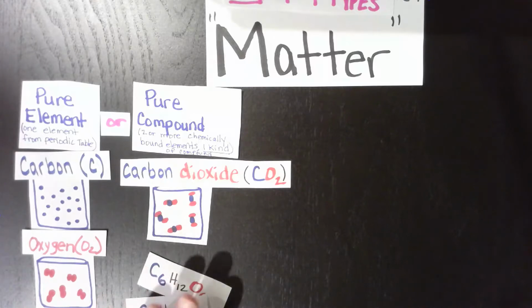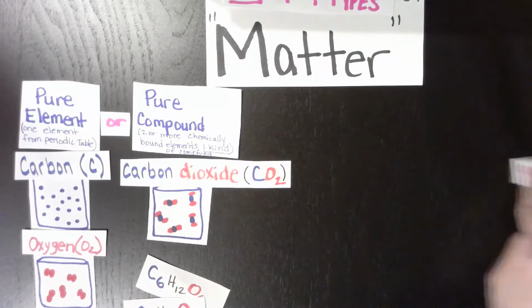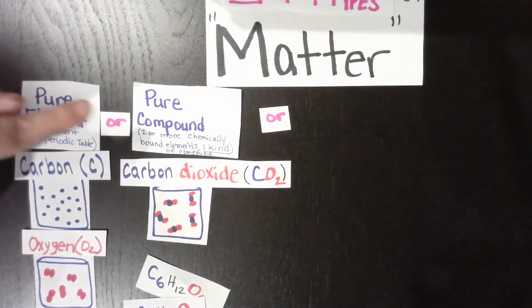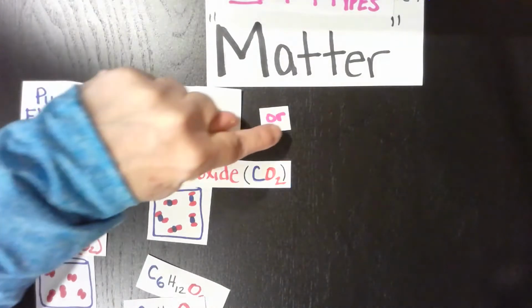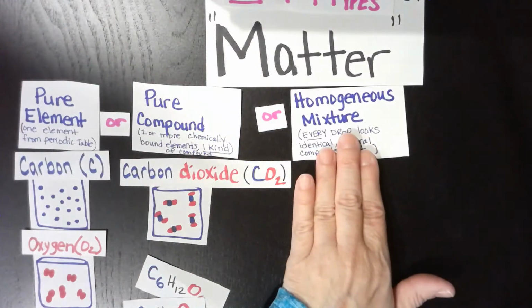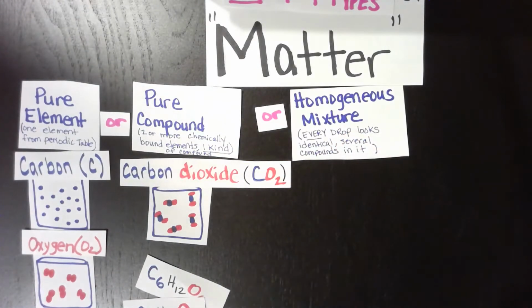If something is not a pure compound, then, remember, it's either a pure element or a pure compound, or our next choice is a homogeneous mixture. In a homogeneous mixture, every drop looks identical, but there are several compounds in it.